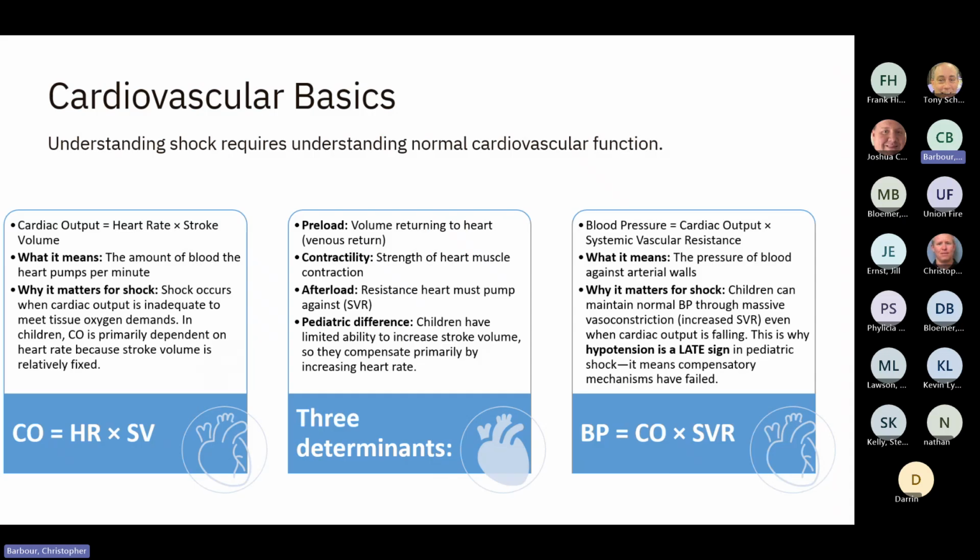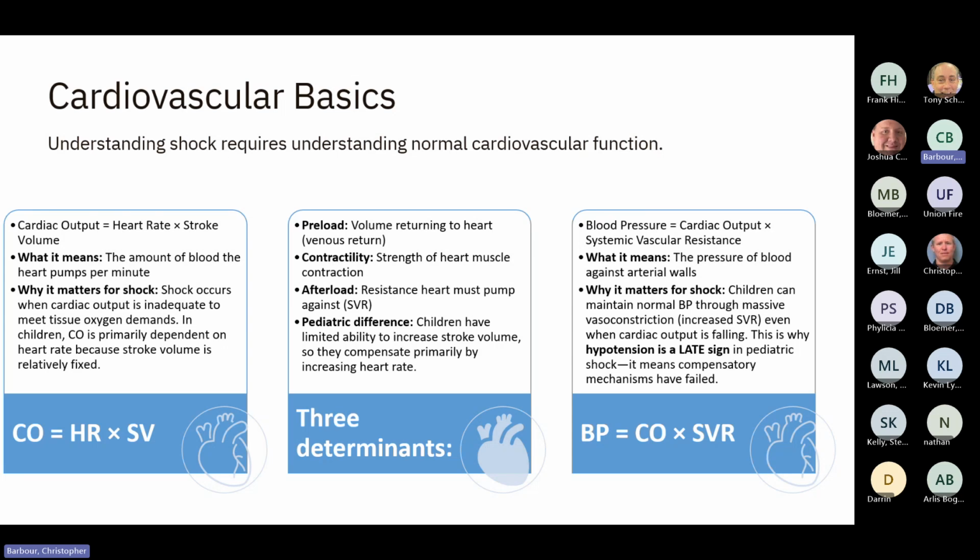So, a little deeper into cardiovascular function. We need the amount of blood pumping per minute. That's where cardiac output comes into play: our heart rate versus our stroke volume.